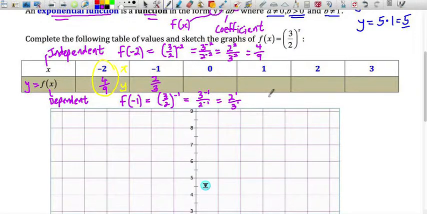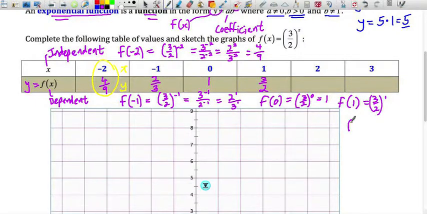When we substitute in f of 0, of course, any base to the power of 0 produces a numerical value of 1. F of 1 is 3 over 2 to the power of 1, which of course is just 3 over 2.